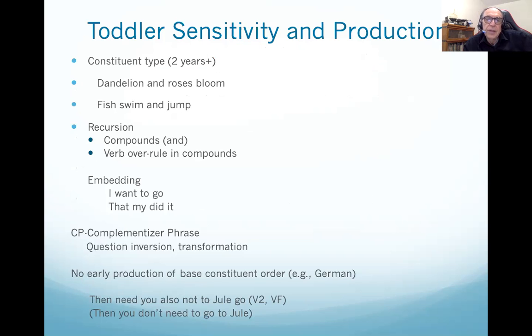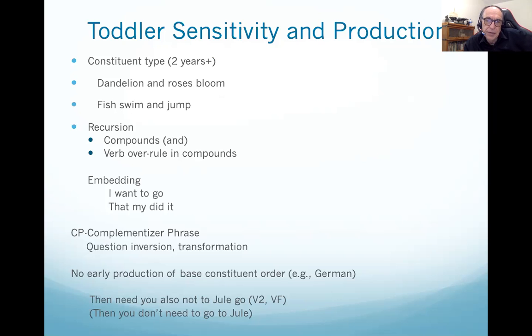These are things that 2-year-olds are sensitive to, and a little later on, as the sensitivity to syntax develops, even before kids begin to produce syntax, they are sensitive at 2 years to constituent type.